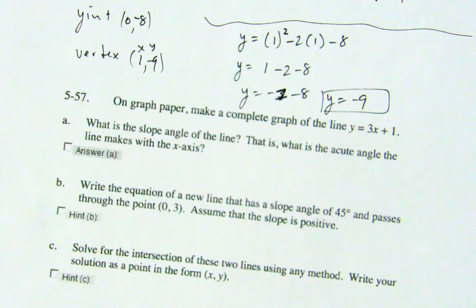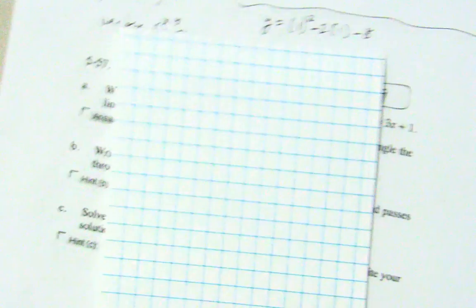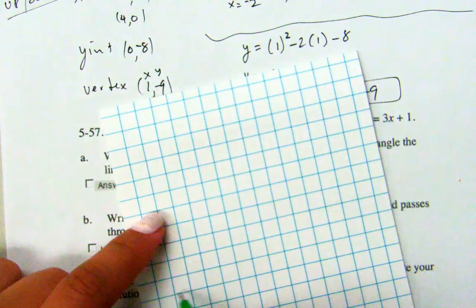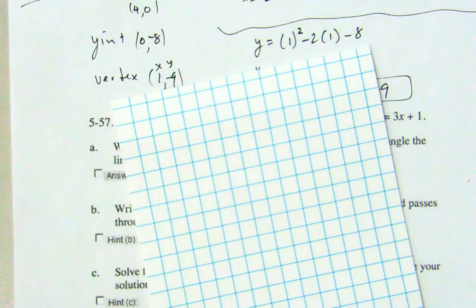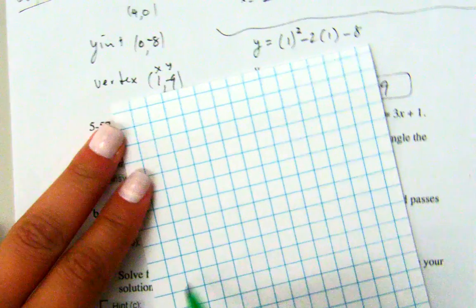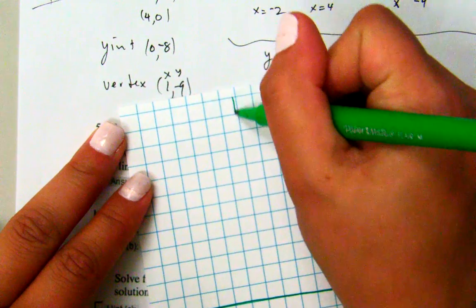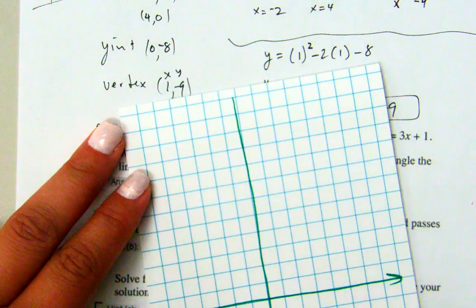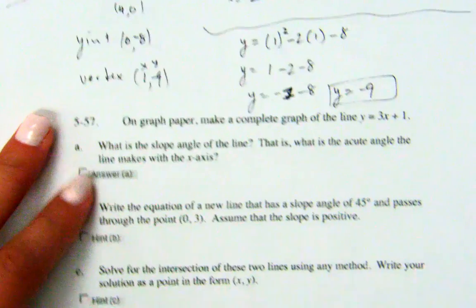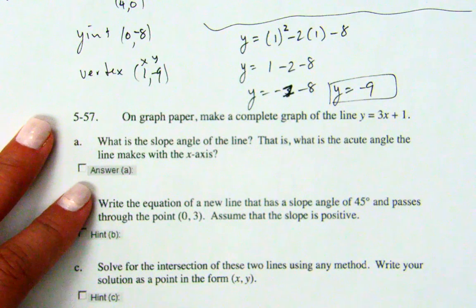Okay. This should be interesting. Okay, no, I don't want this marker. I want the green one. Hopefully this will come out okay. Okay, 3x plus 1.